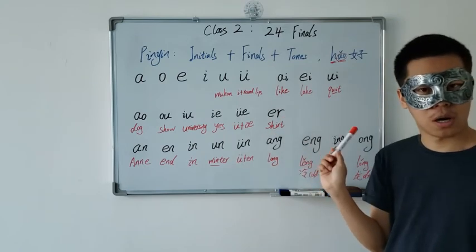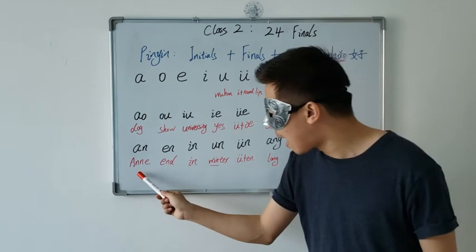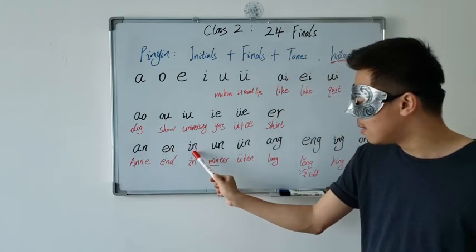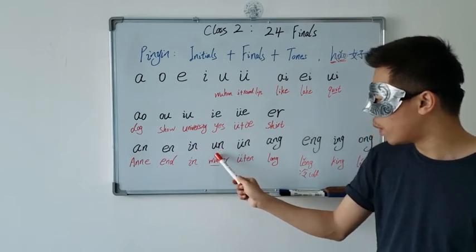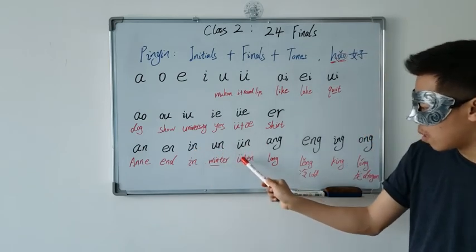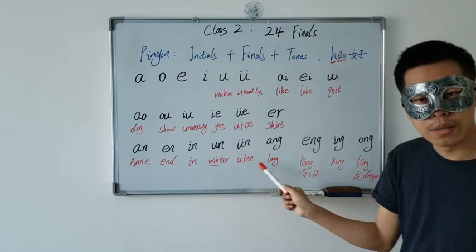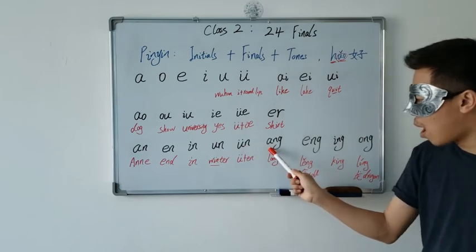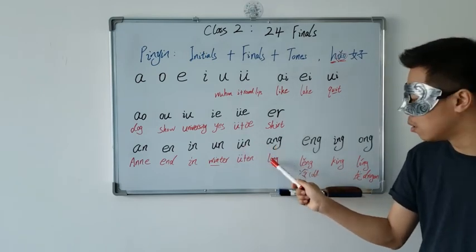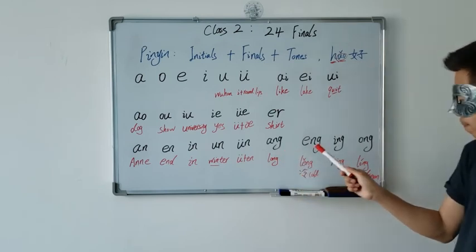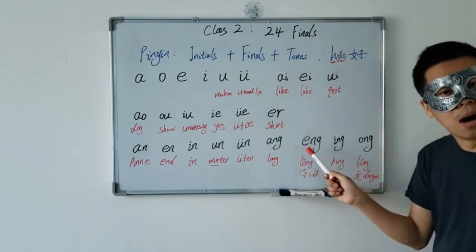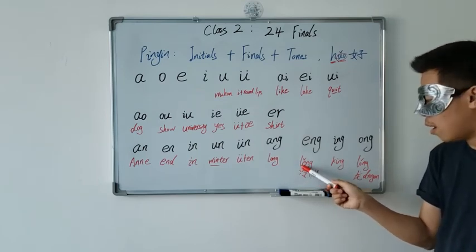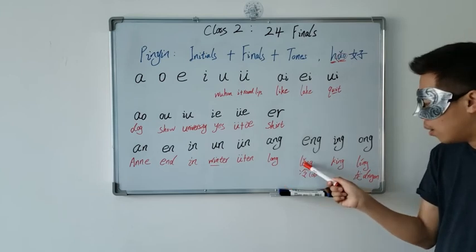Then yin, wen like winter, yun like yu plus n. Then with the nose, like long, the Chinese word long means cold.